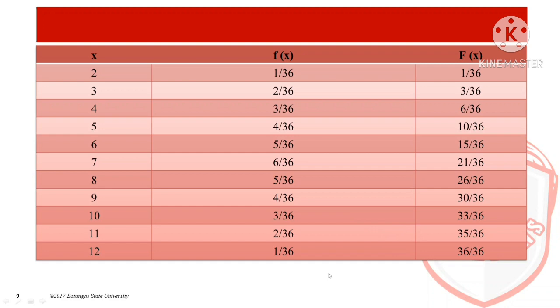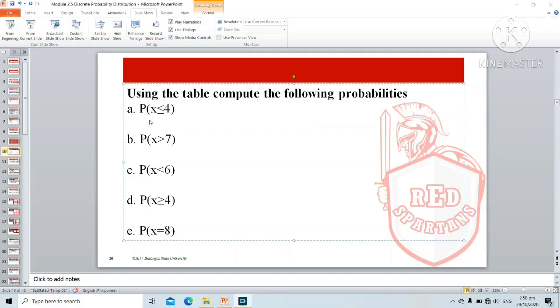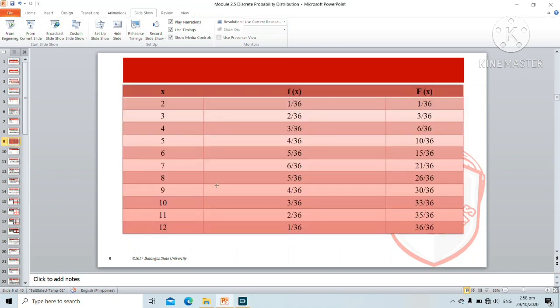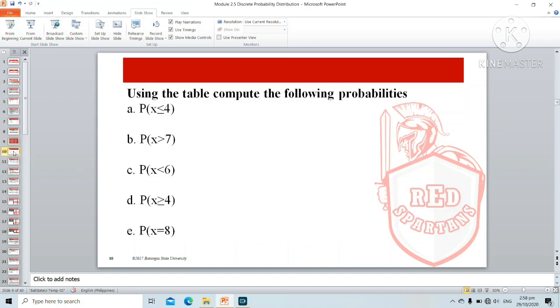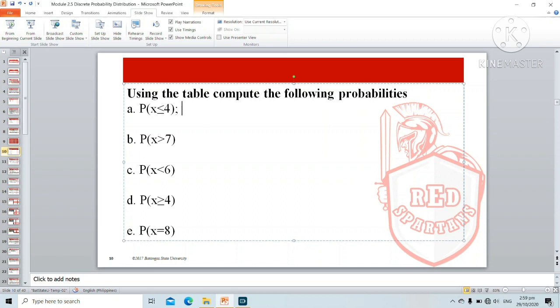So, i-derive natin yung mga formula based dito sa pagsusolve ng mga probability. Syempre, gagamitin natin yung table kanina para makuha natin yung magiging formula. So, letter A, probability that x is less than or equal to 4. Ang kukunin natin dito is the probability kapag ang ating mga value ng x ay less than or equal to n.